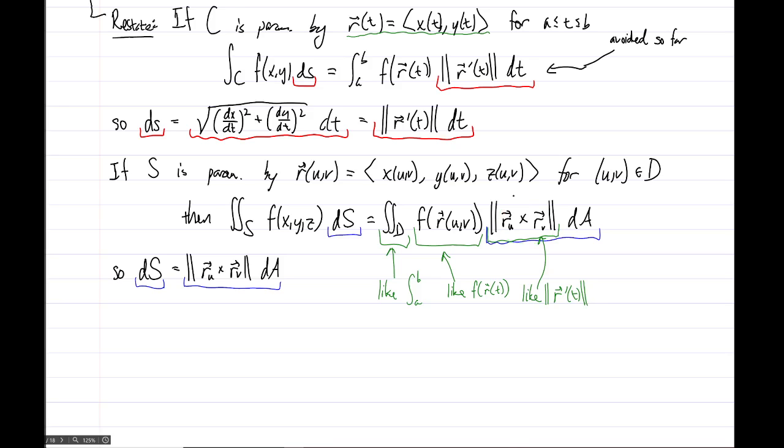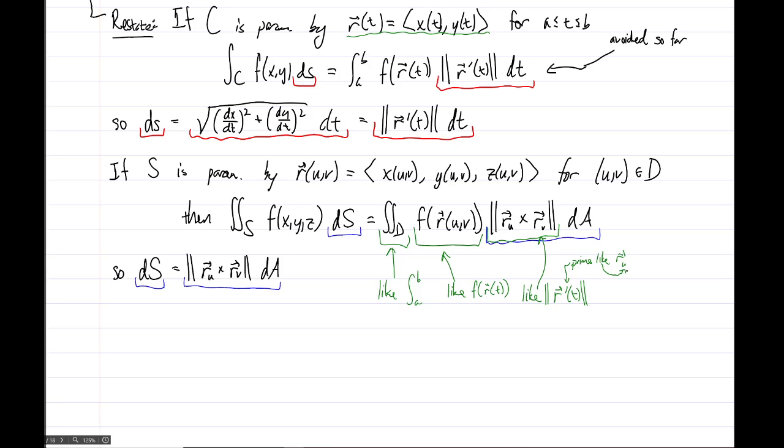These are now partial derivatives of r, both partial derivatives and a cross product. Think of the prime as sort of like the r sub u, the subscript, the fact that we're doing a partial derivative.